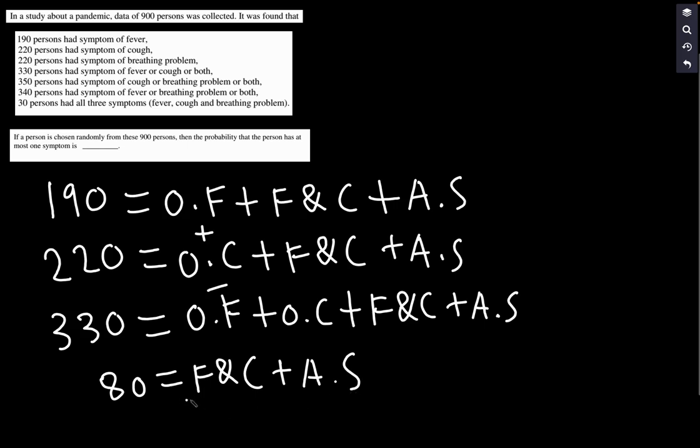Since we know F and C plus all symptoms is 80, if we subtract from the first equation, we get the fact that only fever is 110. And it's the same logic. If we substitute 80 into the second equation, then only cough will be 220 minus 80, which is 140.